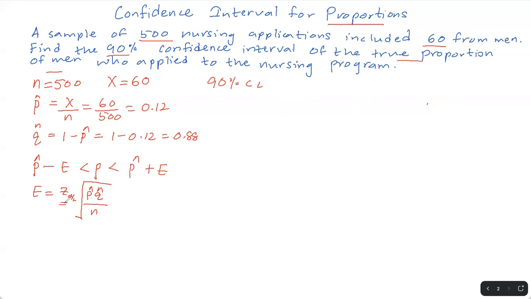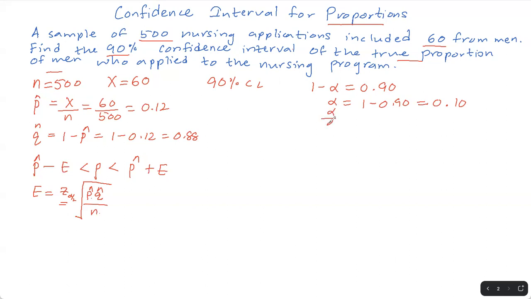How do we calculate the Z score corresponding to alpha over 2? Alpha is the significance level. So 1 minus significance level equals the confidence level. Confidence level is 90%. So alpha is 1 minus 0.90. This value is 0.10. As you can see, we have to look at the probability in the tails, alpha over 2.